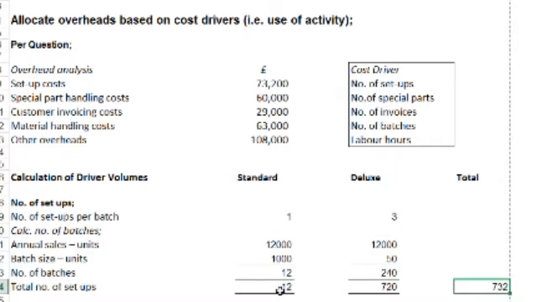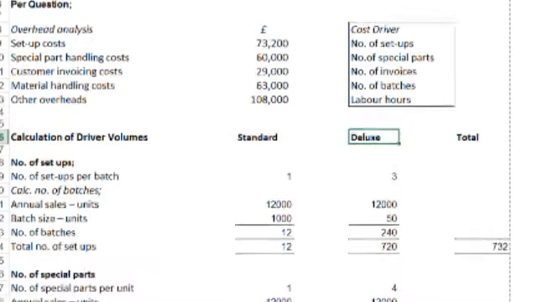Now intuitively we can see that these setup related costs should go to the 2 products in the same proportion. 12 out of 732 should go to standard, and 720 out of 732 should go to deluxe, but that we will do later on.